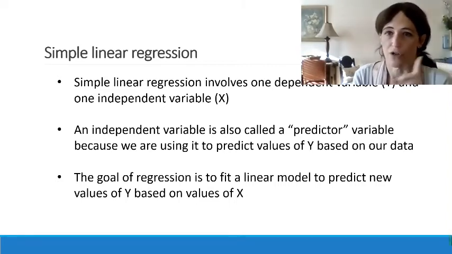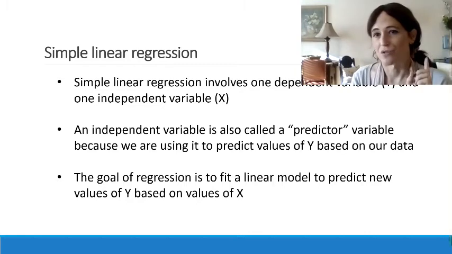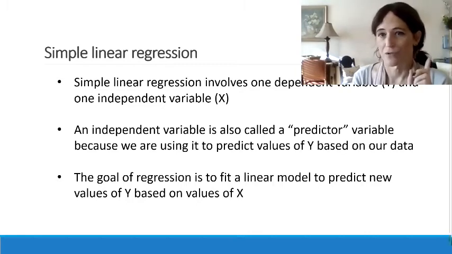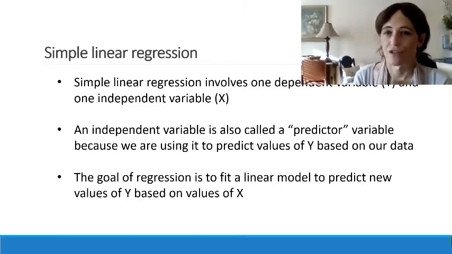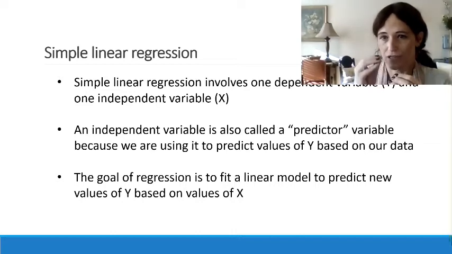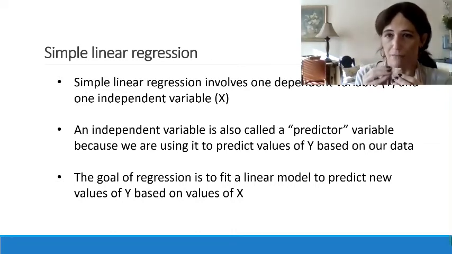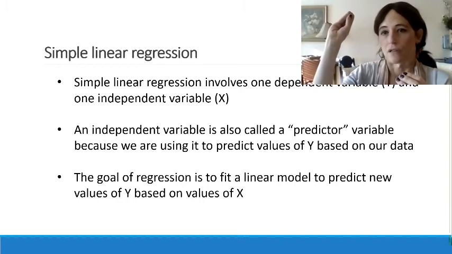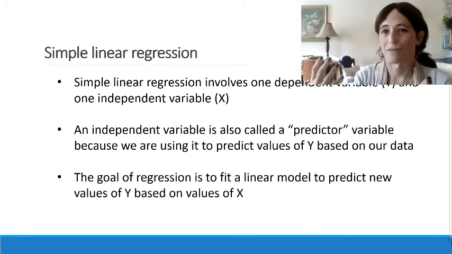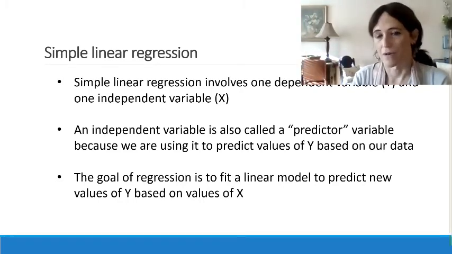But if you know someone's blood pressure, if you know someone's BMI, if you know someone's age, each of those individually adds some prediction to the outcome. But ultimately, we're going to want to have some sort of multivariate model often because we know that there's not one causal factor. But simple regression is often used as an intermediate step to understand the relationships between two variables before moving on to multiple regression.